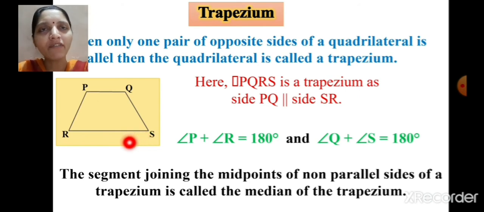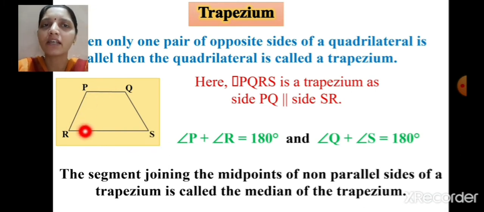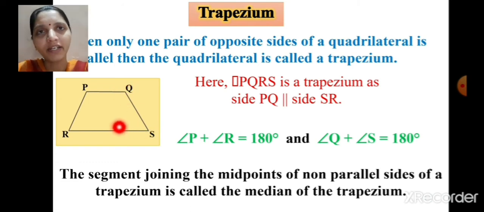One more property we have seen: only two pairs of adjacent angles are supplementary. So, in this trapezium, if you consider PQ is parallel to RS, then angle P plus angle R is equal to 180 degrees and angle Q plus angle S is equal to 180 degrees.